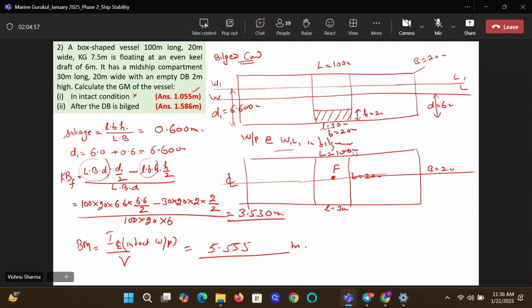Just check. I don't think it is correct. Just check, guys. So 5.556. Okay, fine. No problem.